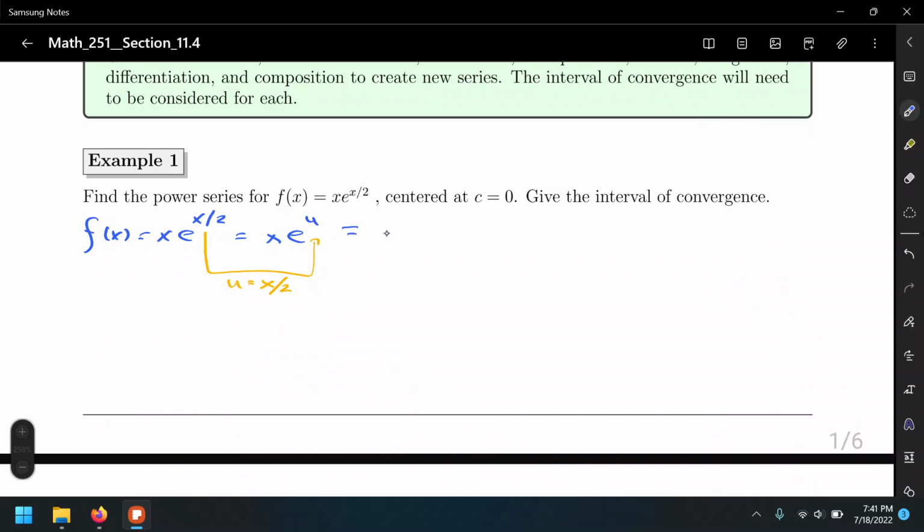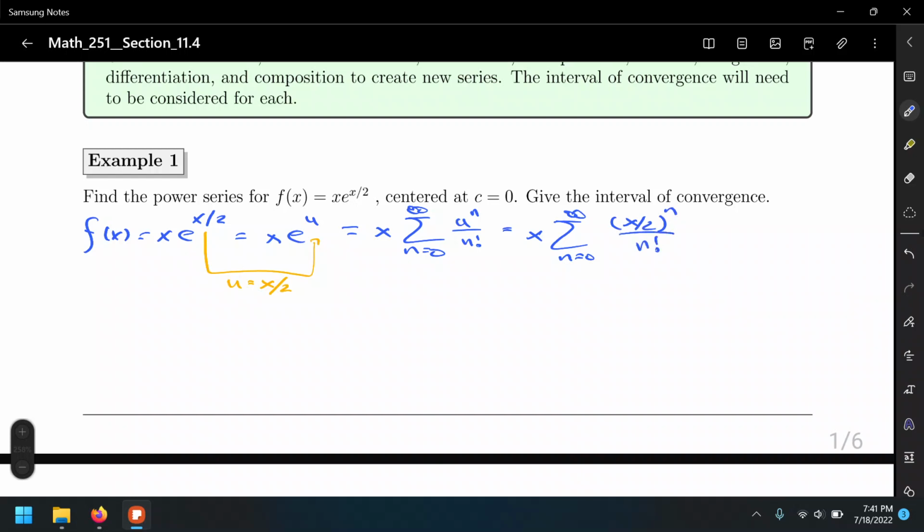And then from here x times sigma n equals 0 to infinity of u to the n over n factorial, and simply back substitute for the quantity u, which in this case is x over 2 to the n over n factorial.